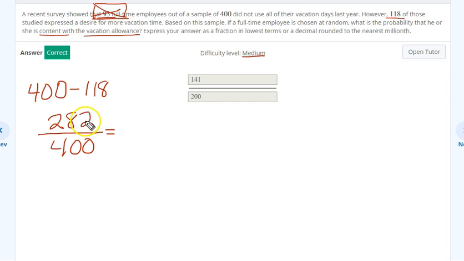So if we take a 2 out of there, we get 141, and a 2 out of there, we get 200, which is our probability of selecting someone who is content.